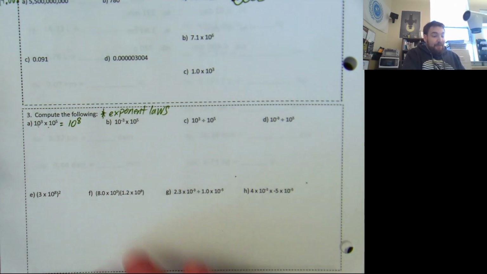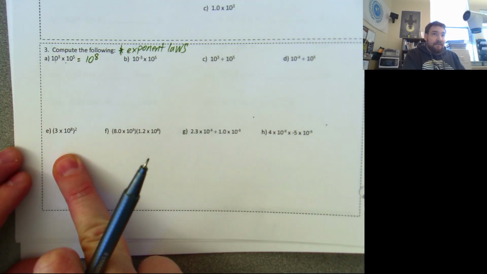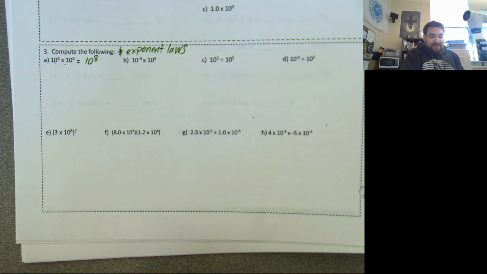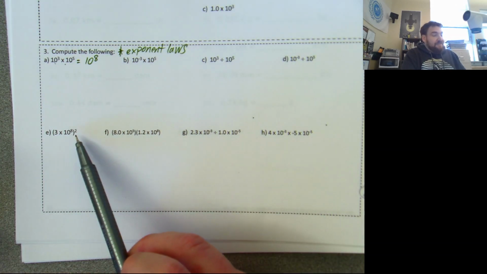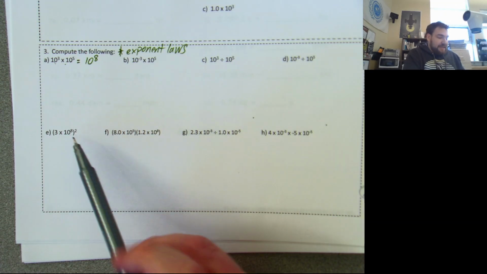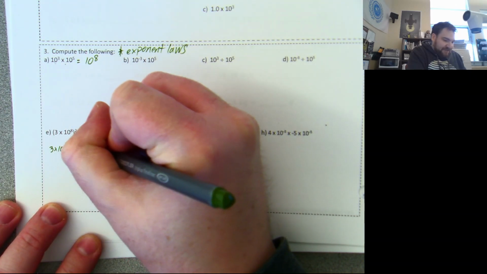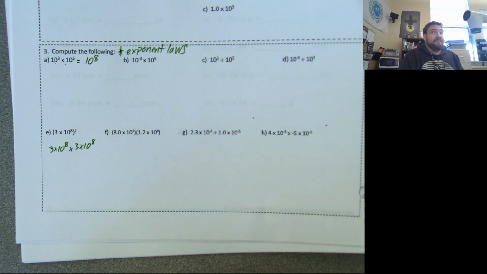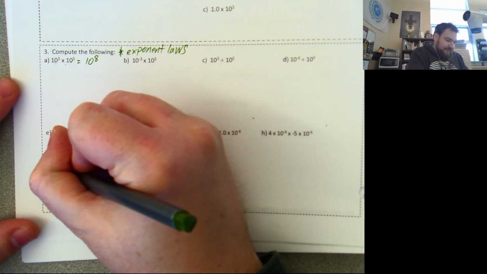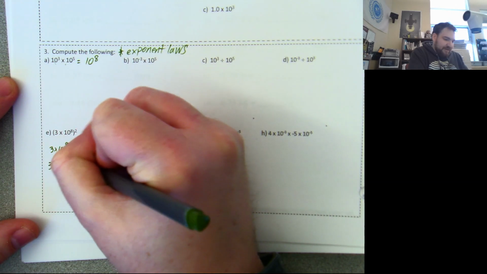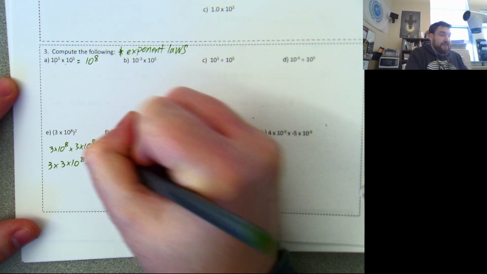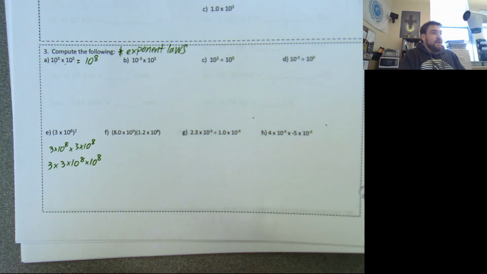So for example, I'll look at E, and then we'll free you to play with this stuff. If I have 3 times 10 to the 8 squared, this means I have 3 times 10 to the 8 times 3 times 10 to the 8. Now, you can multiply in whatever order you want, so let's change the order. I'm going to rewrite this as 3 times 3 times 10 to the 8 times 10 to the 8. If it's all just a bunch of multiplication, the order you have it in doesn't matter.